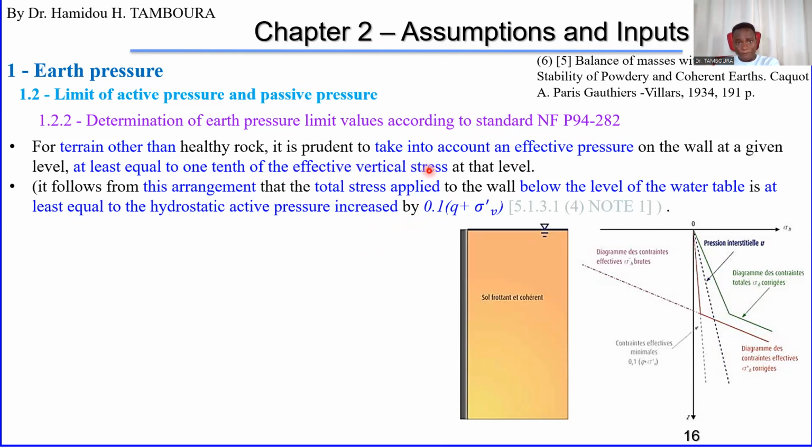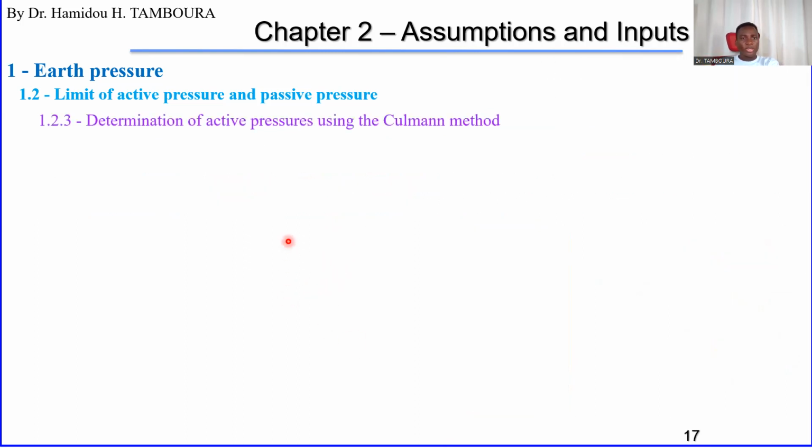If you calculate, for example, the diagrams here, and it gives you something less than 1/10 of the vertical stress, don't take that. Take at least the minimum 1/10 of the vertical effective stress. That is the minimum, just for safety. This is a recommendation.